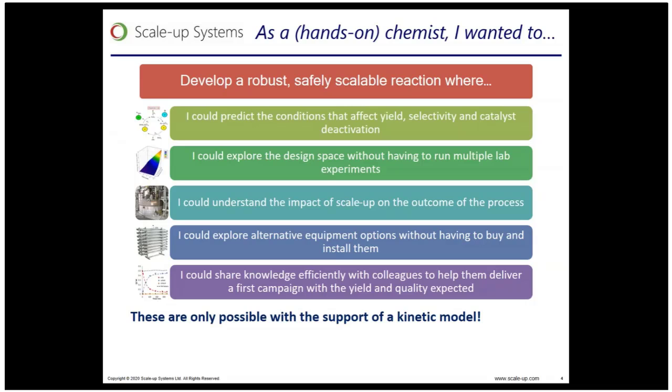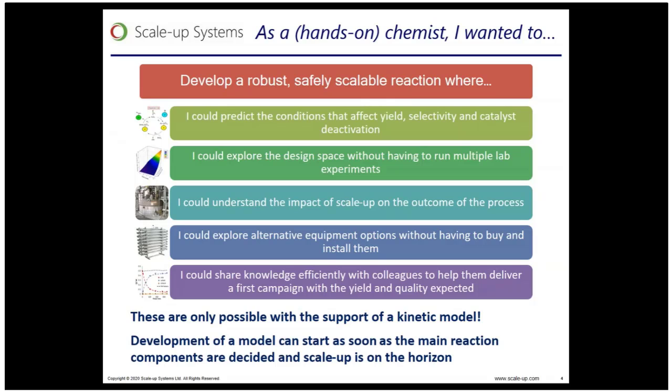And I would say that you can only really hit all of these outcomes with the support of a kinetic model. And in relation to the title of my presentation, when I talk about late stage scale up, I would argue that you can start to develop a kinetic model as soon as you have all of your main reaction components decided.